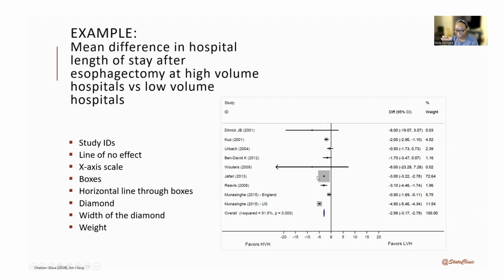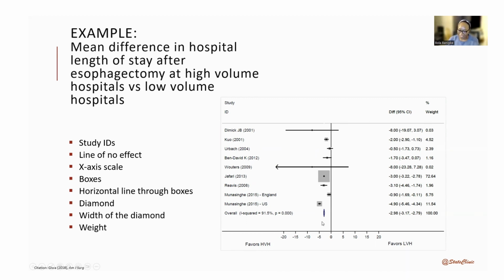The standard deviation is really very small. It's really precise. And then look at this study, DIMIC JB, the confidence interval is very wide, from -19 to 3.07. So it has a small weight.